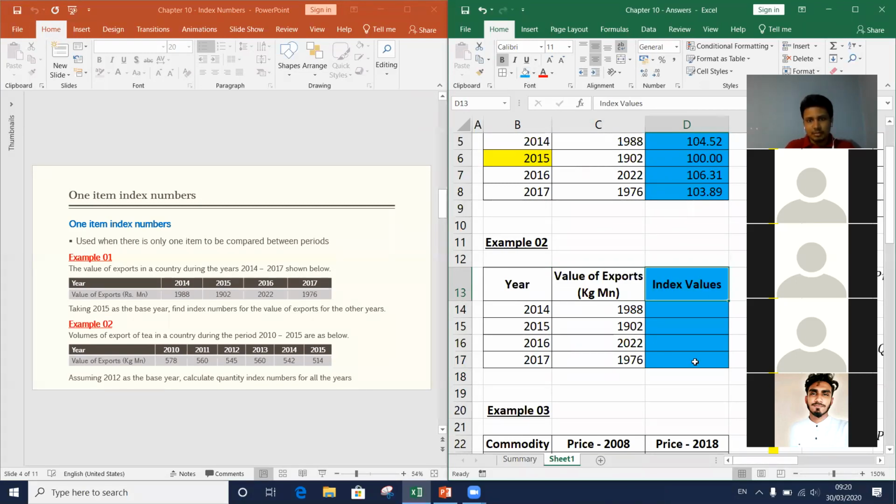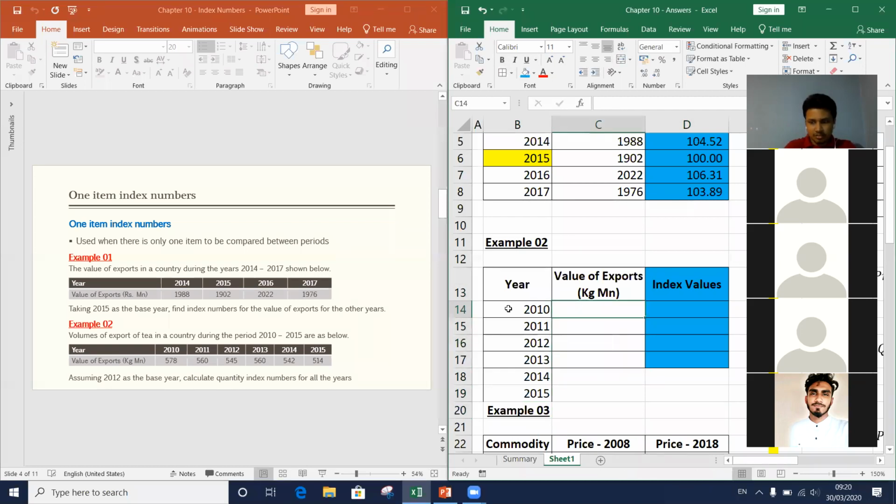What should be the base period here? 2012 should be my base period.